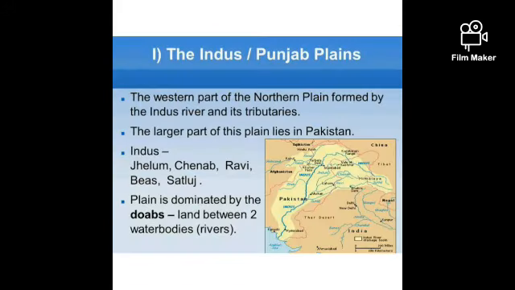Let's discuss a few more features of the northern plains. Number 1 is the Indus or Punjab plains, the part of the northern plain formed by the Indus River and its tributaries Jhelum, Chenab, Ravi, Beas and Satluj. The larger part of the plain lies in Pakistan. This plain is dominated by Doabs, land between two water bodies.